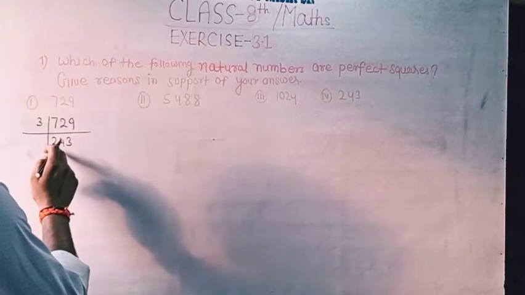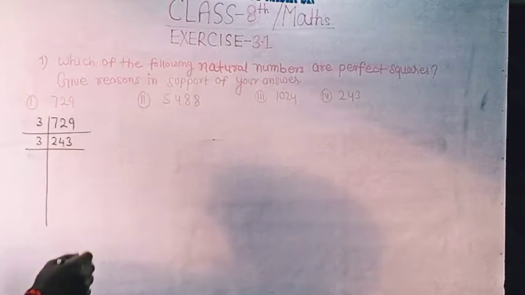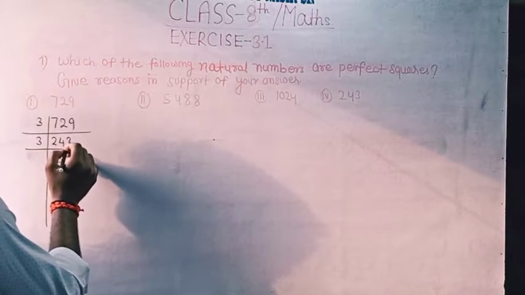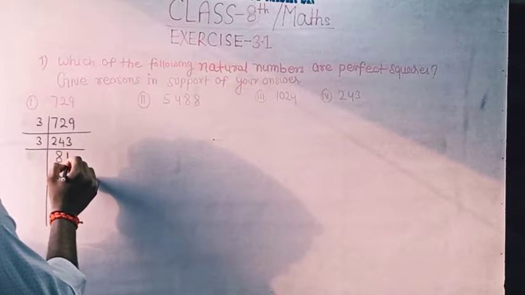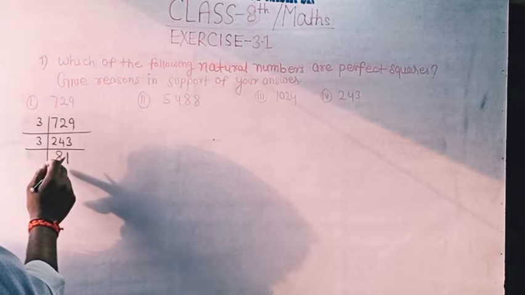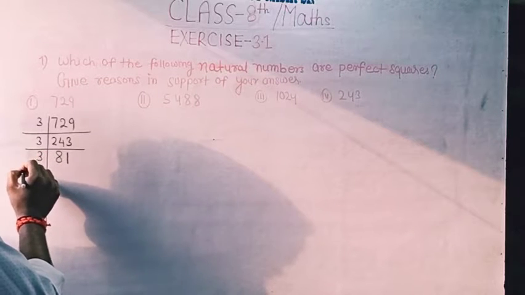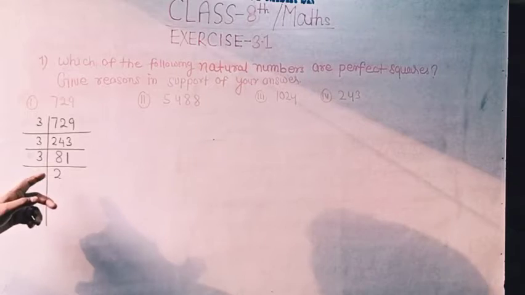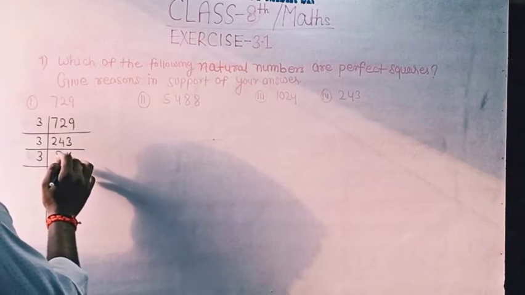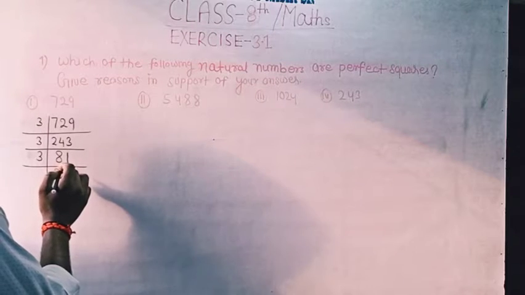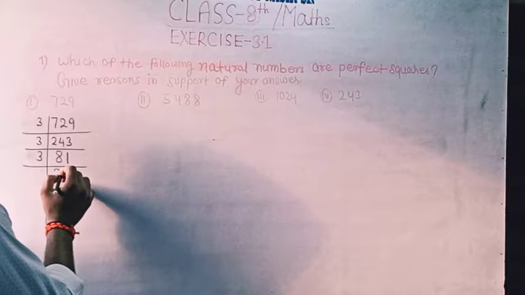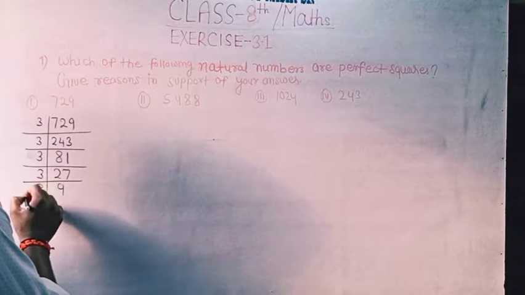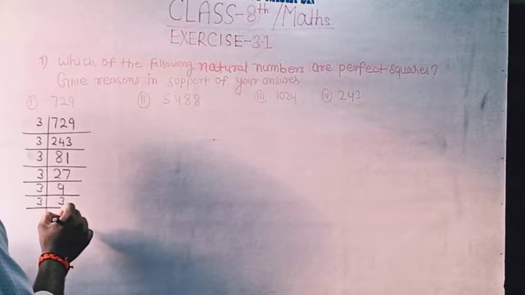Again, 243 is divided by 3, giving 81. Then again by 3, giving 27, and 27 is divided by 3, giving 9, and then 3, and 1.